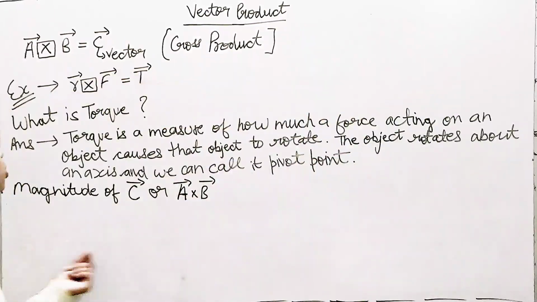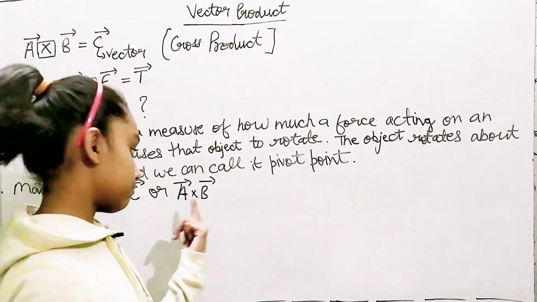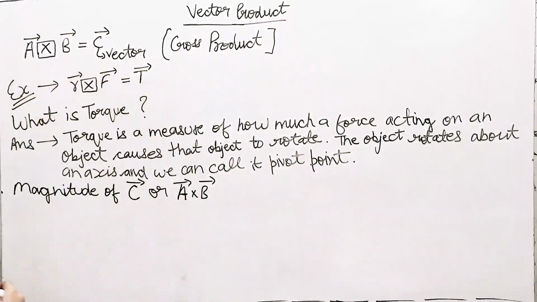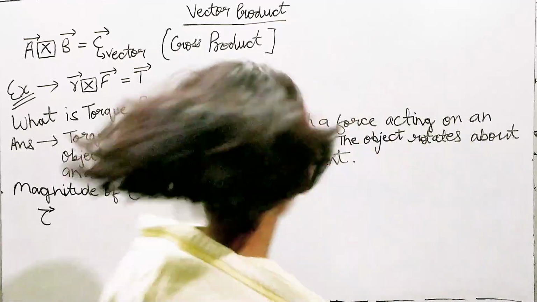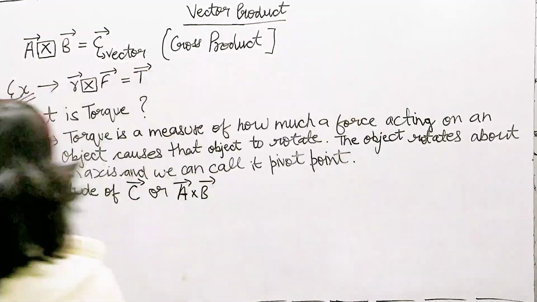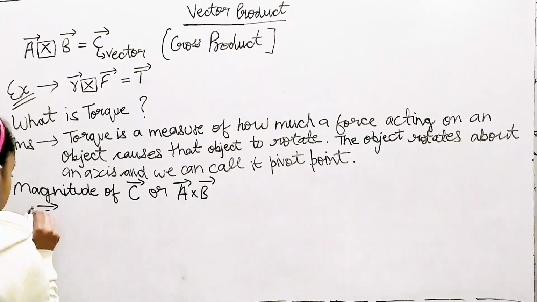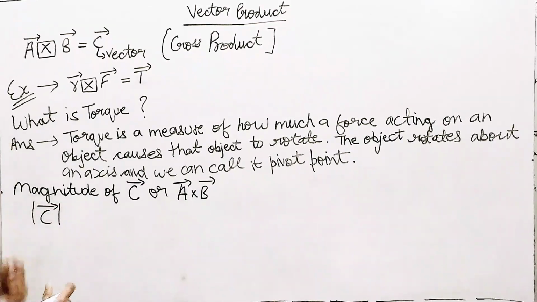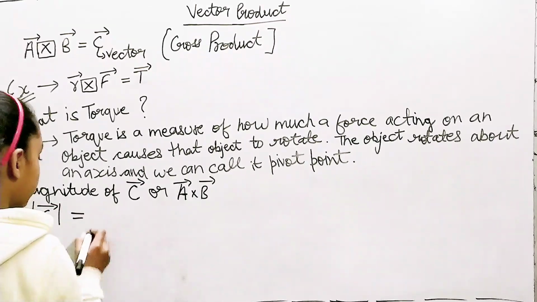So magnitude of vector C or vector A cross vector B. Yeah, we are finding magnitude. So what are we going to use? Mod. Mod of what? Vector C, of course. Vector C, mod C is equal to what?